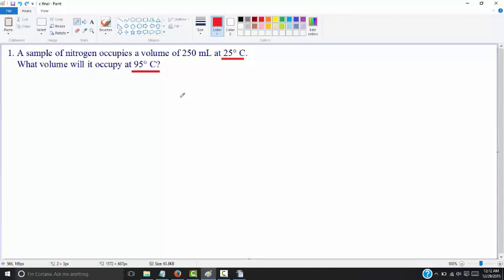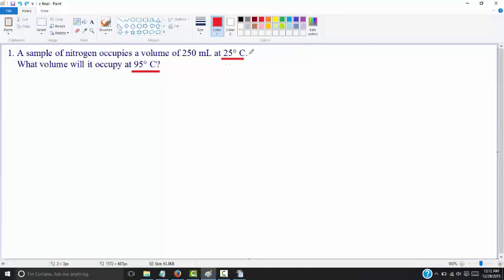A lot of people will just skim over the data in the question and just plug in temperature 1, temperature 2, thinking that they're going to get the right answer. But if you aren't using the correct scale, you cannot get the correct answer. So you need to convert both of these. To convert Celsius to Kelvin, all you do is add 273 degrees to them.